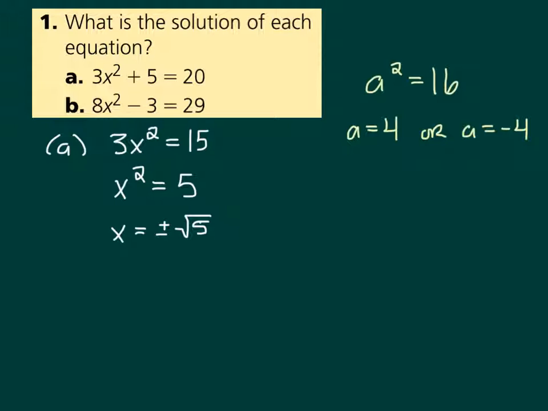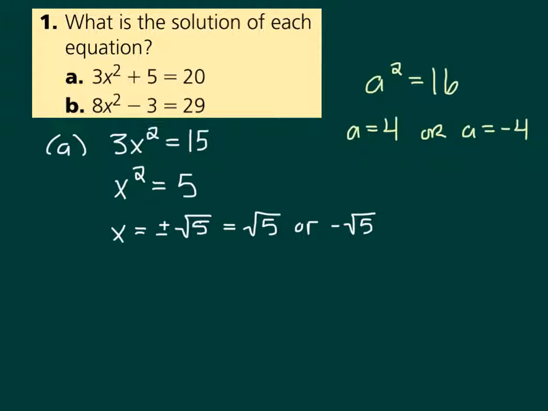So when you solve an equation by taking square roots, you have to have the plus or minus when you take the square root. In part A, I could write this as square root of 5 or negative square root of 5. So then try part B on your own.